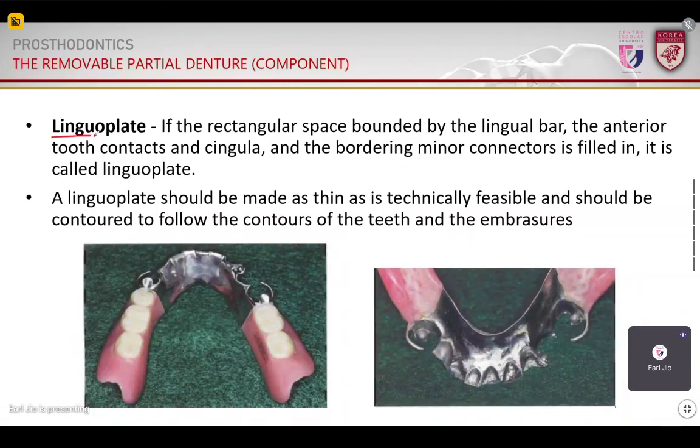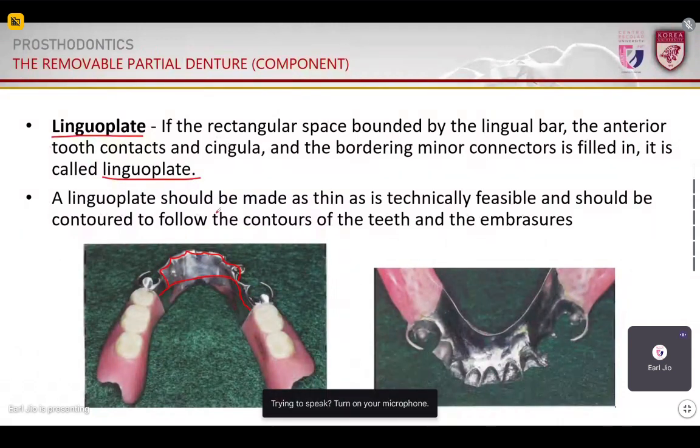When we say lingual plate, if the rectangular spaces bounded by the lingual bar, the anterior tooth contacts and singular, bordering minor connectors is filled in, it is called lingual plate. So ibig sabihin pala, together with the lingual bar, there is a plating around the remaining natural teeth papunta sa lingual bar natin.